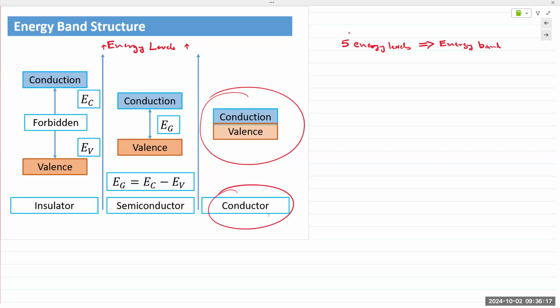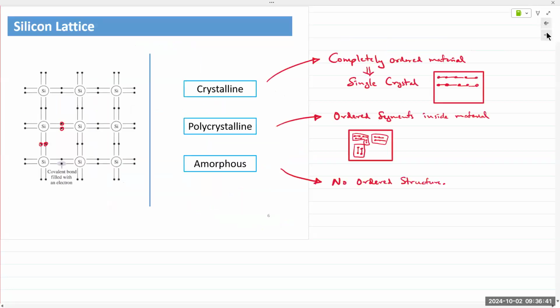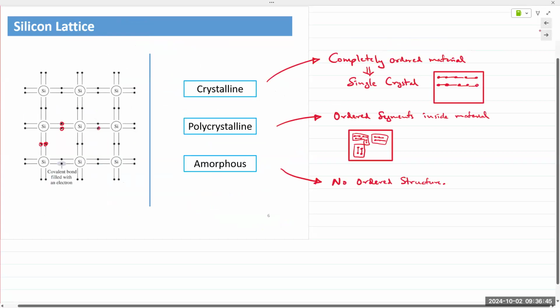Okay, so the question being asked is, what's the difference between valence and conduction? So valence bands, or the electrons in the outermost orbit, which is basically referred to as the valence band, valence electrons, they have energy levels, but they are part of the covalent bond. Okay, so they are part of the atomic structure right here.